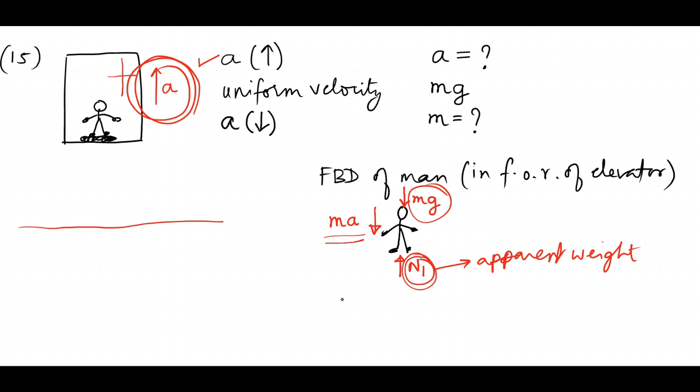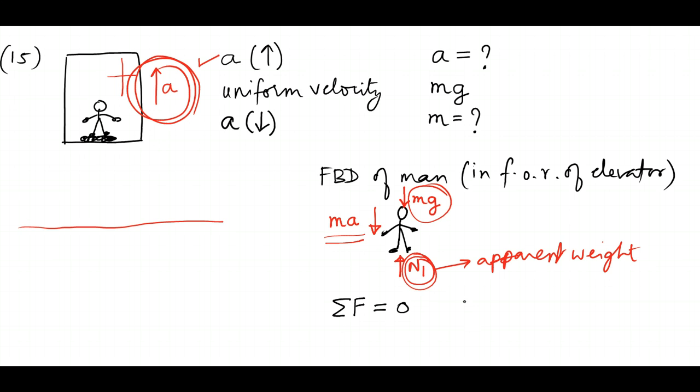Now we proceed to apply Newton's second law to the man, namely sigma F is equal to mass times acceleration in the elevator frame. But remember, in the elevator frame the man is at rest, so sigma F must be equal to 0.